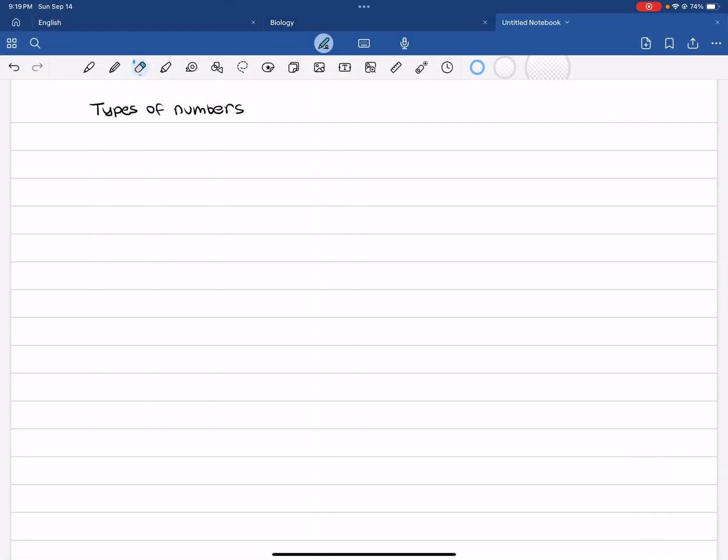We're going to talk about different classifications of numbers. Our first group is natural numbers. This is the one that's most familiar to you, and the one that you learn first.